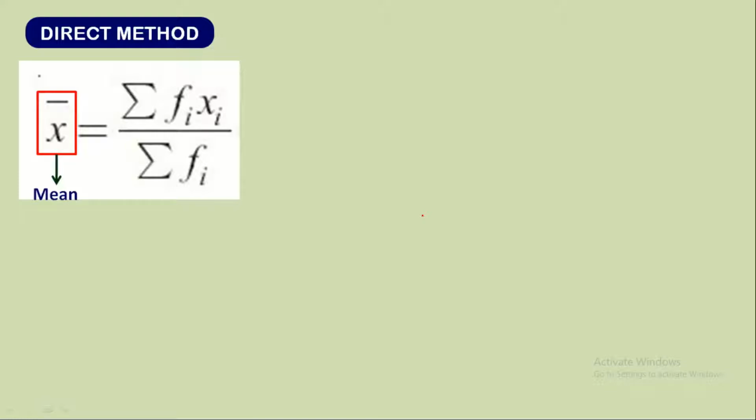Whenever we use the word mean, it can be replaced by x bar, and xi is nothing but the class mark. We have discussed this class mark in our earlier video, and I am going to give you the link in the description also for your reference.